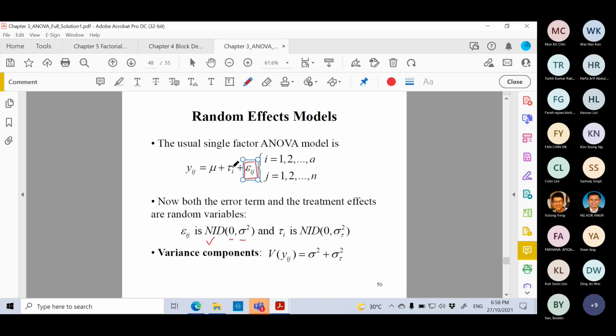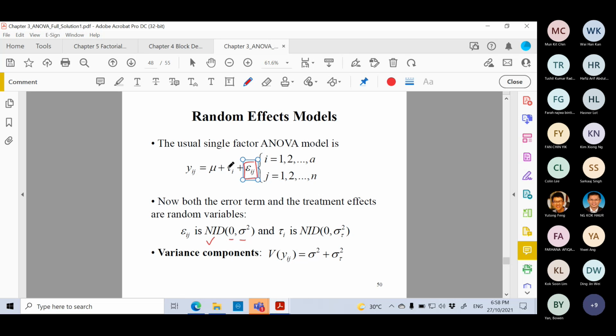But now, because you selected the looms from the list of the population, this part becomes random. So if they are random, of course, we assume that they follow the normal with mean 0, and they also have their own variance. Okay, so in the random effect model, you have two components of variance here.